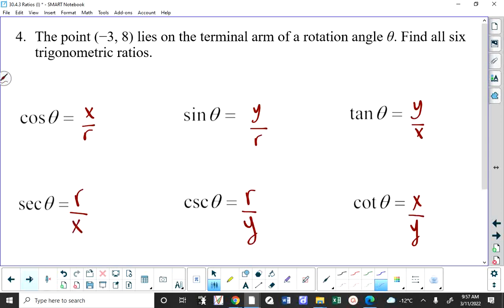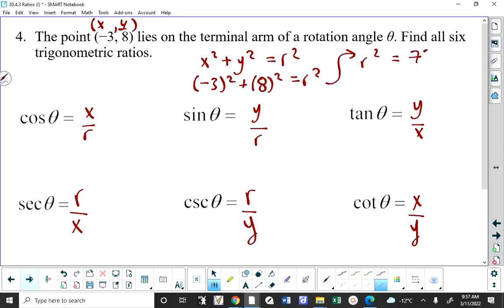So, what are we missing? Well, we know x. This is x. We know y. Y is 8. We're missing r. So we're going to use x squared plus y squared equals r squared. We're going to have negative 3 quantity squared plus 8 squared equals r squared.